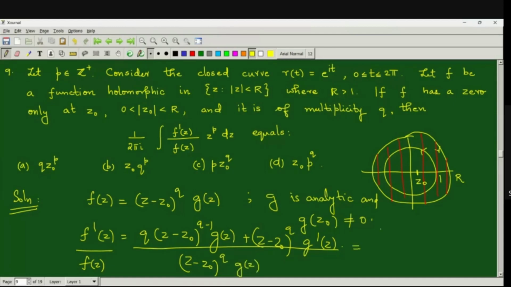So f dash by f is q by (z minus z naught) plus g dash(z) by g(z), where g is not having any zeros inside the circle. Got it?